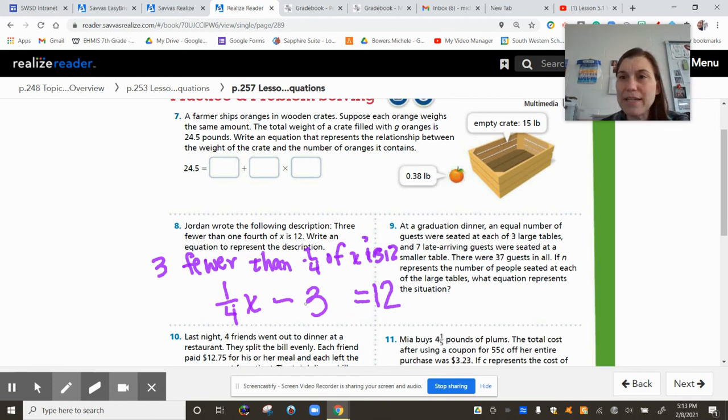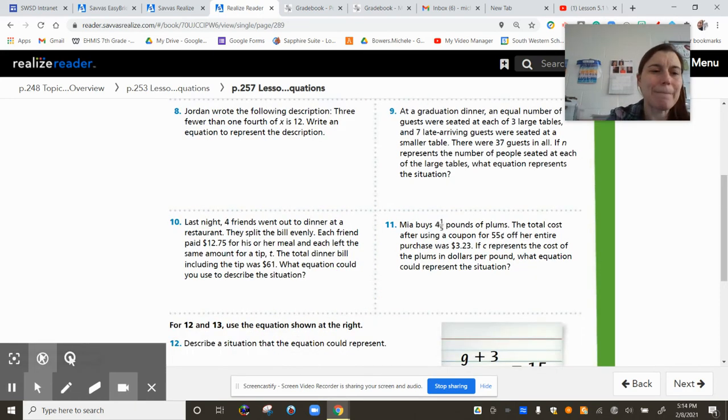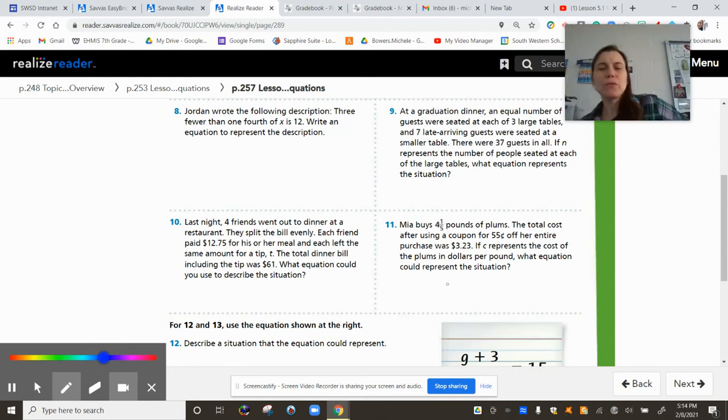Okay, we're going to do one more together, and then the others will be posted, the answers for you to look in the answer key. So I'm going to choose to do number 10. Okay, so number 10, last night 4 friends went out to dinner at a restaurant. They split the bill evenly.